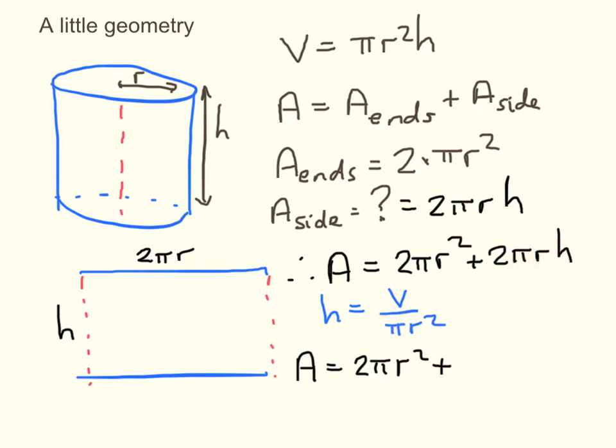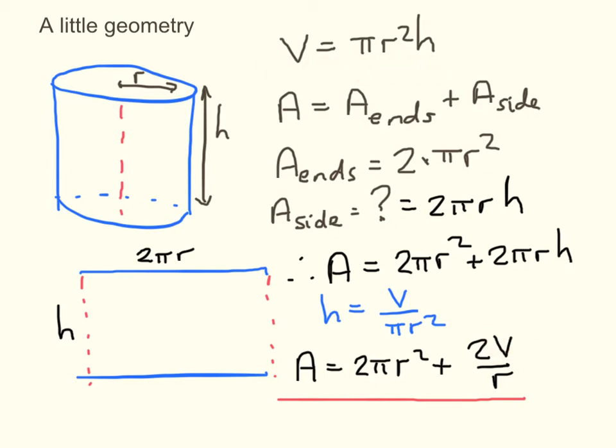There is an r on top and two factors of r on the bottom, so this r will cancel with one of those, and what we're going to be left with is 2V and one power of r. So we get 2V over r. And this is an expression for the total area, top, bottom and sides, of our cylinder of radius r and a fixed volume.